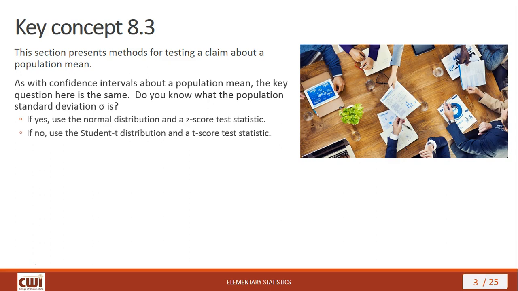However, that's very rare. It's more common for us not to know what the population standard deviation is, in which case we'll use the student t-distribution and calculate a t-score for our test statistic. Again, knowing the population standard deviation is very rare in practice.